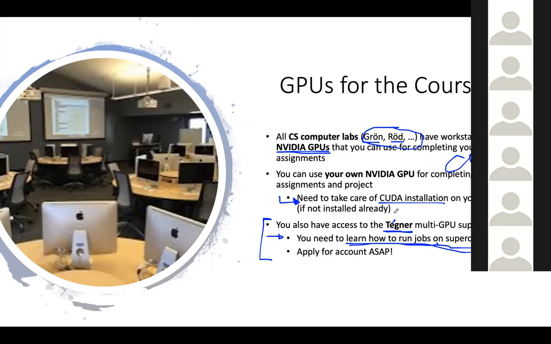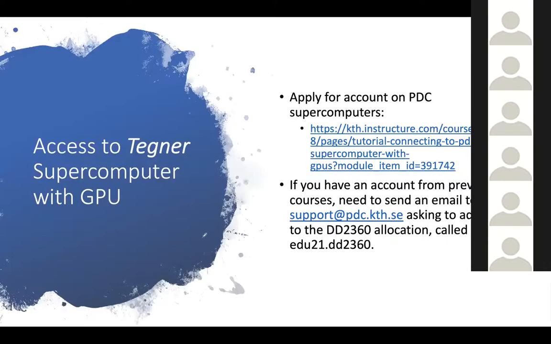So one important thing is really to get access to Tegner. So we need basically to create an account for you at the PDC, right? PDC is the HPC Center, KTH, the provider of the GPU cluster. So what you need to do in order to access the GPUs on the supercomputer is to have access to the supercomputer itself.